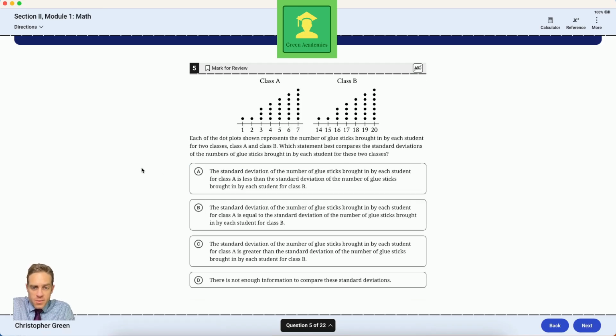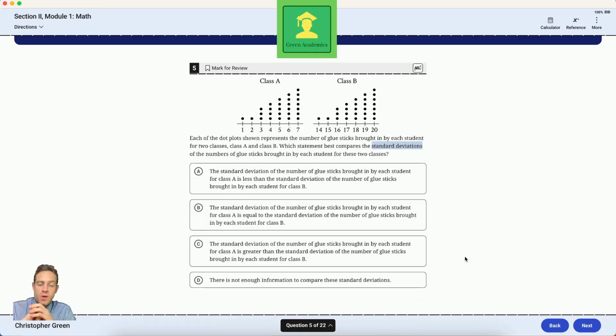Each of the dot plots shown represents the number of glue sticks brought in by each student for 2 classes, Class A and Class B. Which statement best compares the standard deviations of the number of glue sticks brought in by each student for these 2 classes? So you don't have to know the official formula for standard deviation, which is something pretty complicated in statistics. All you have to know is the basic idea that standard deviation means how spread out the data are.